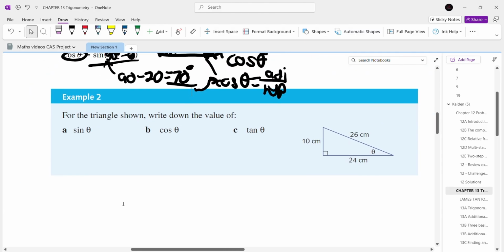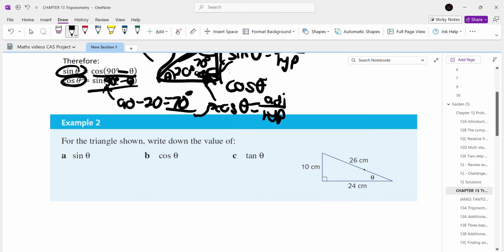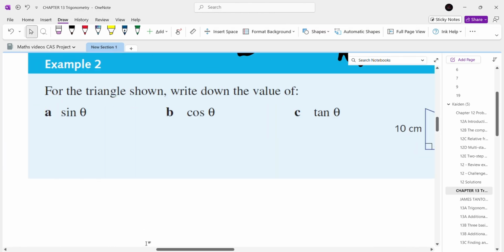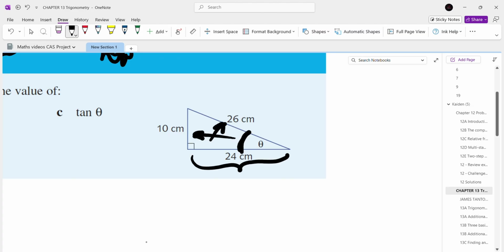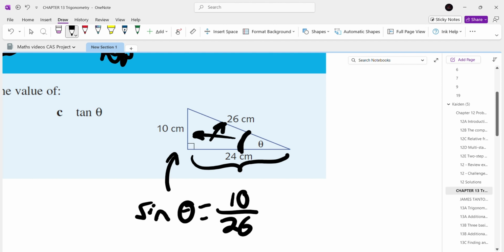So we can prove it. We can do some stuff using this triangle right here. So sine theta, remember we're establishing this angle here, so this is the hypotenuse, this is the opposite, and this is the adjacent. So therefore sine theta equals 10 over 26.